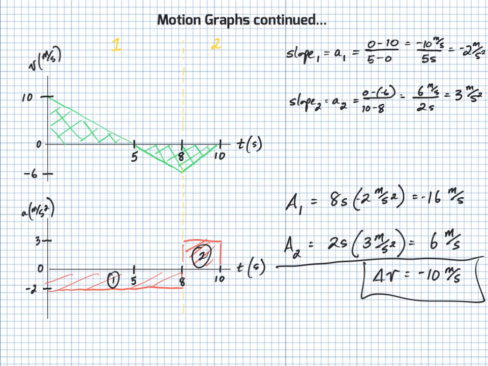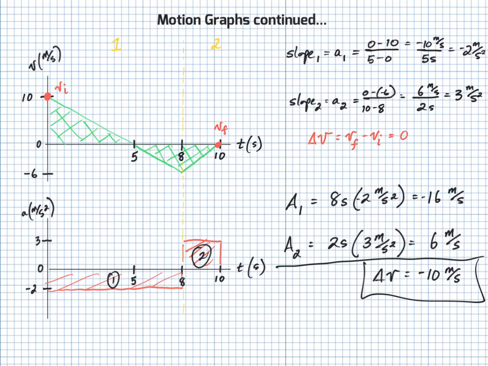Our initial velocity in our velocity versus time graph is right here. This is v initial, and that's 10 meters per second. Our final velocity is right here where we ended, and that is 0 meters per second. That is our v final. Now to get our change in velocity, if we are finding a change in something, we're always taking final minus initial. So we're taking v final minus v initial.